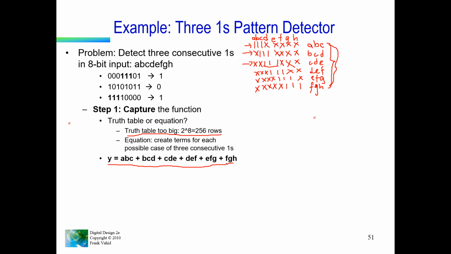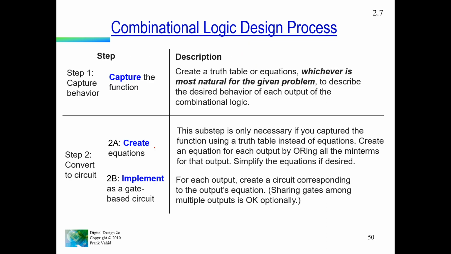But when it is possible, you can capture the relation between the input and output as a Boolean equation. So in step 1, actually we captured the problem directly as a Boolean equation. So here we don't need that step because we have created the equation in the capturing stage.